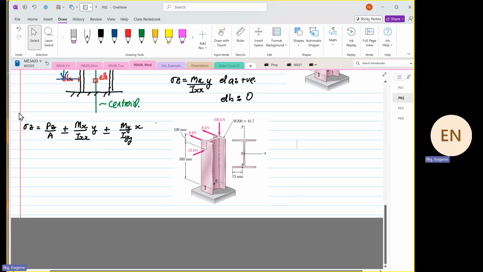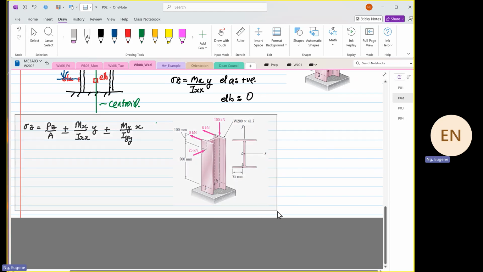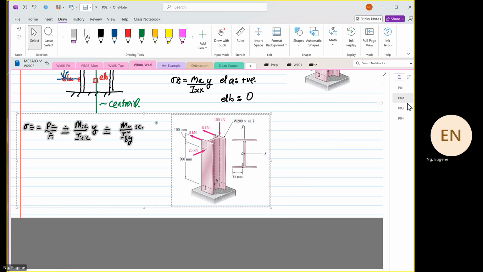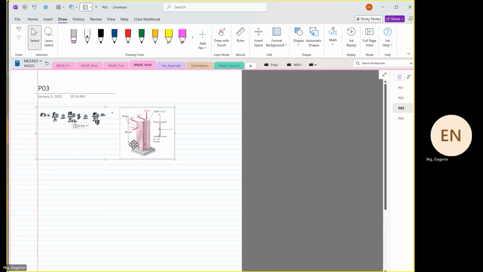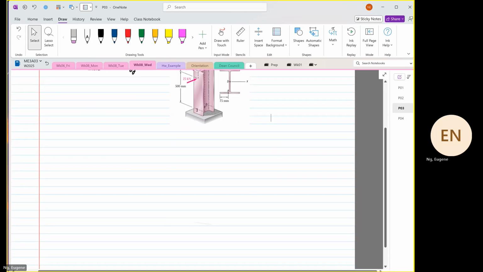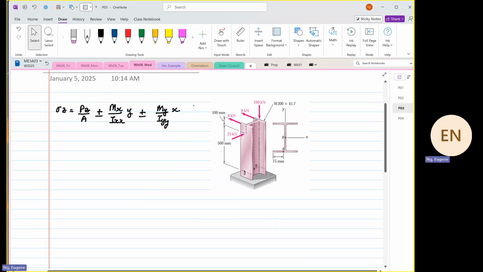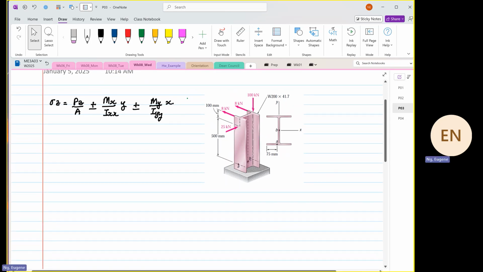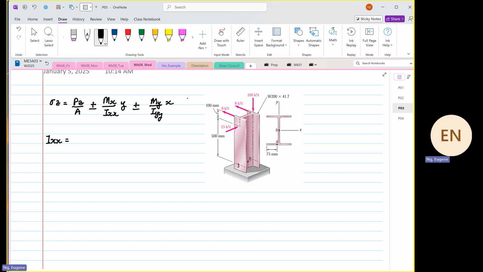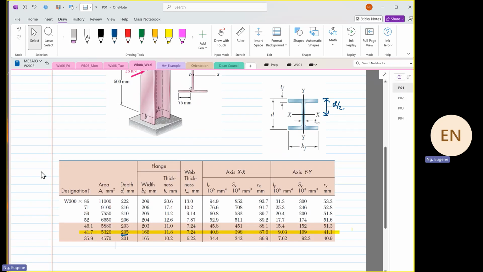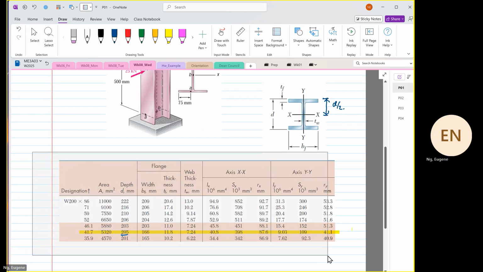Let me start on a new page, so it'll be easier for you and me. So from here, we have to find our Ixx. For our Ixx from the table, I'm going to copy the whole table.